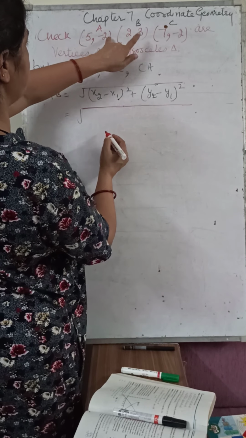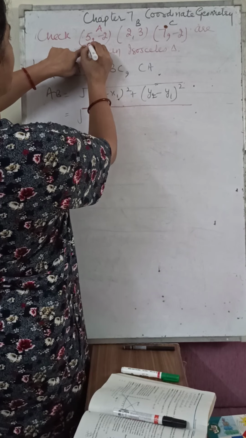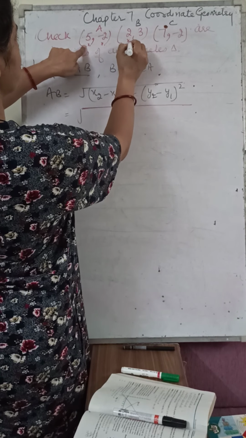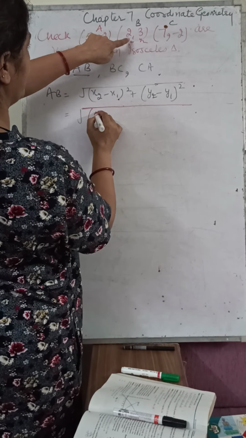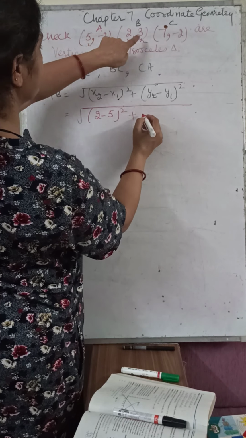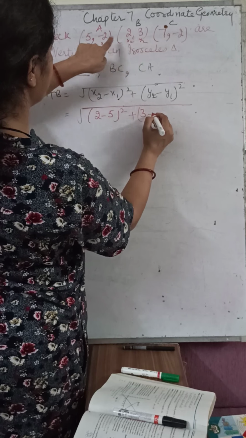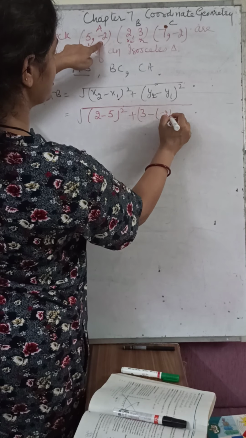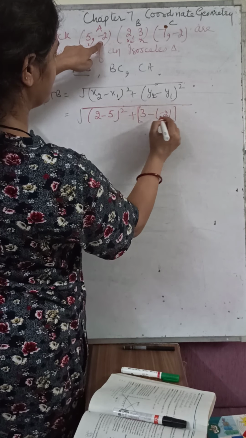AB, this will be x1, y1, x2, y2. So x2 2 minus 5 whole square plus y2 3 minus y1 minus 2 whole square.